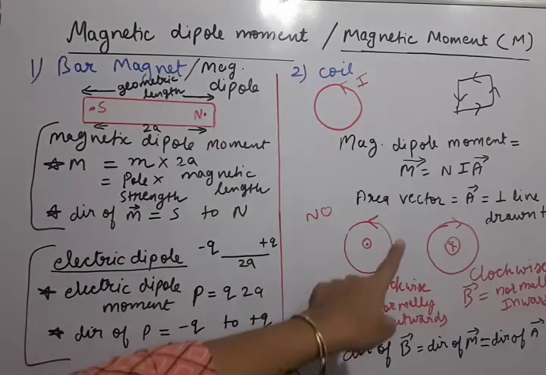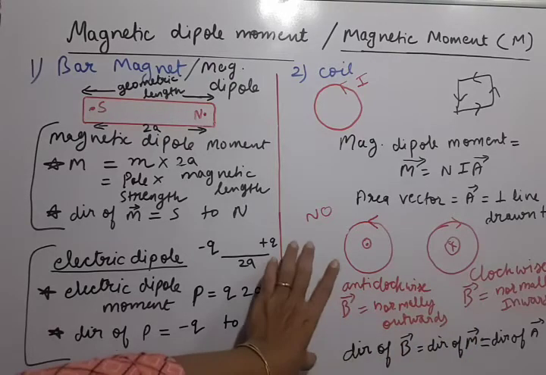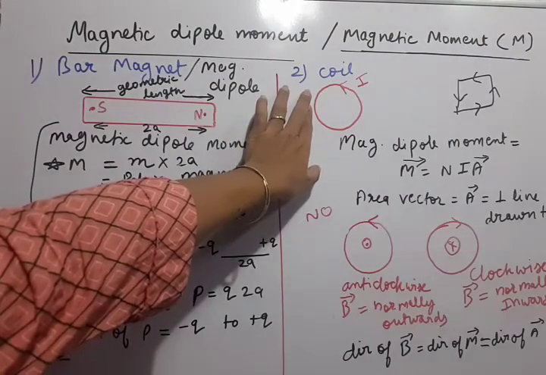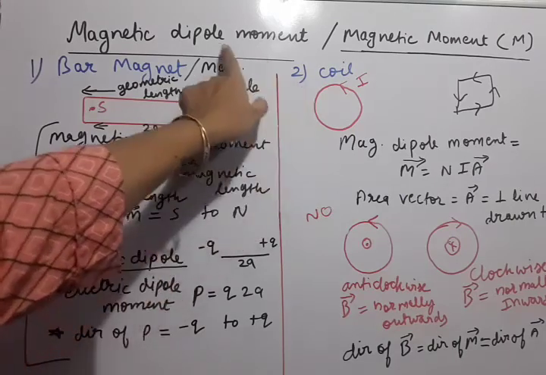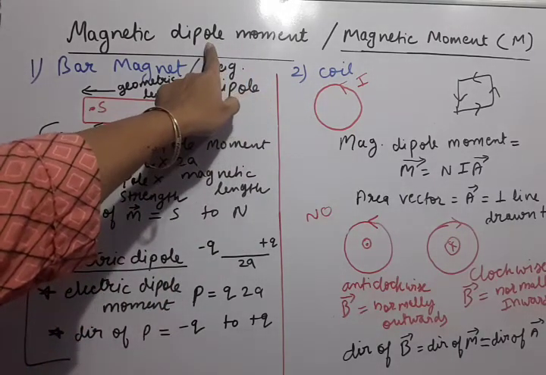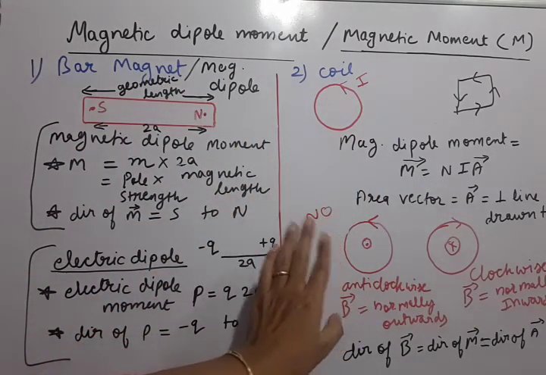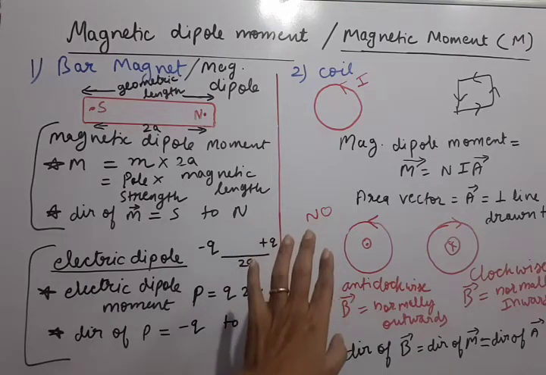If current is anti-clockwise, then direction of B or M or area, all are normally outwards, and just opposite for clockwise current. Now I'll explain how this coil is also like a bar magnet only, or how we can say that a coil will possess dipole moment, how the two poles, dipoles, are generated in the coil. So I'll take in the next sheet the comparison of the bar magnet and coil, or how they are similar to each other.